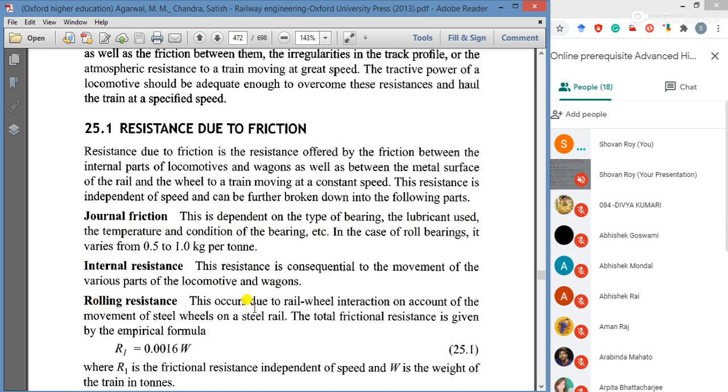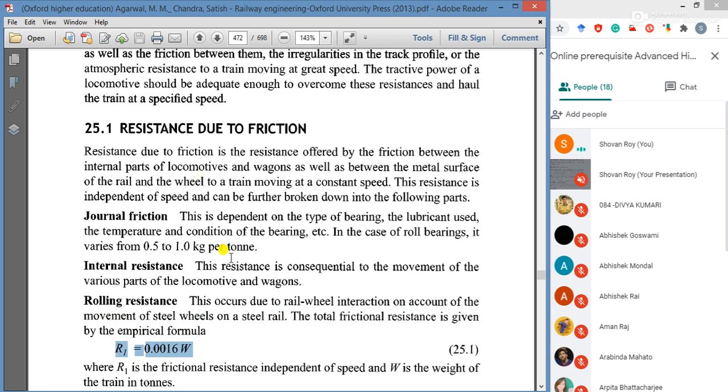Rolling resistance occurs due to rail-wheel interaction on account of the movement of steel wheels on a steel rail. This is one of the important ones, just the name, rolling resistance. Rolling resistance can be defined as R1 as a formula: R1 equals 0.0016 W. This formula is important because it is needed when solving numerical under resistance.